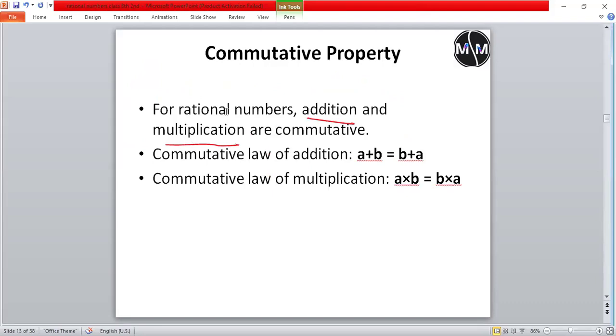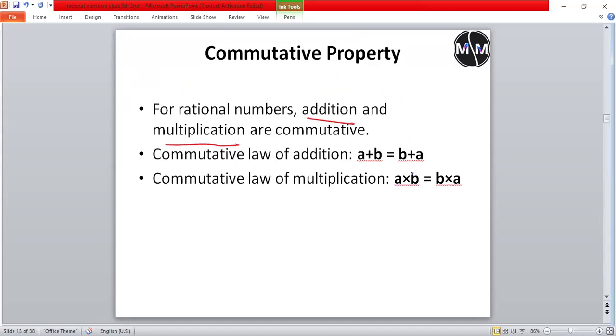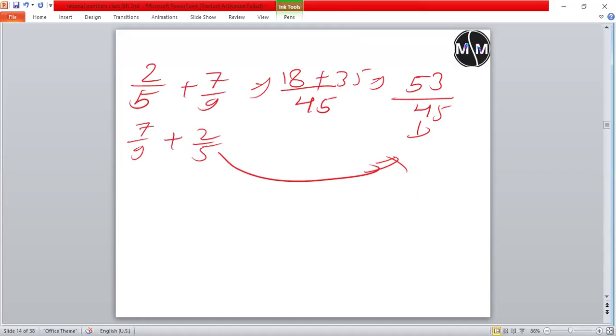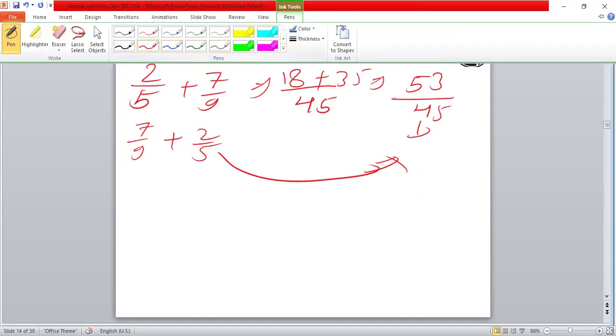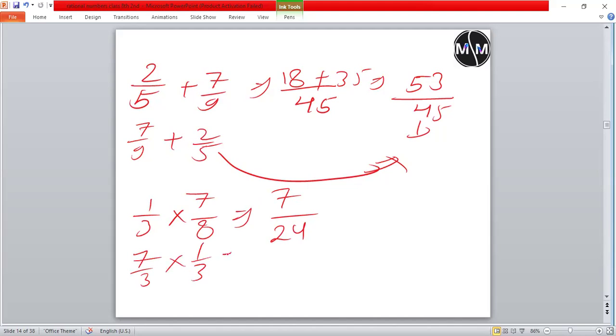For multiplication, this is also the same. A multiplied by B is equal to B multiplied by A. If I take 1 by 3 multiplied by 7 by 8, this is equal to 7 by 24. If I change their positions, does it change the answer?